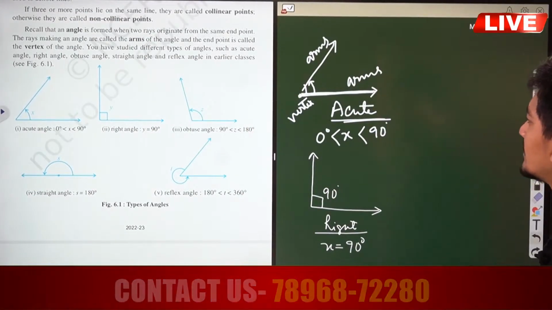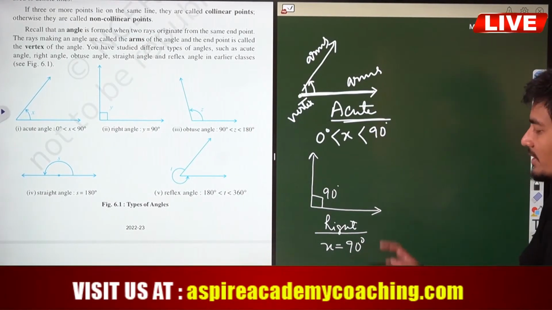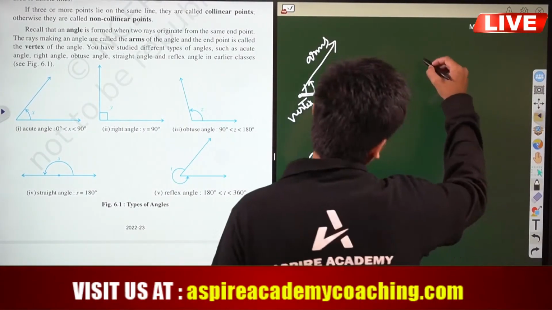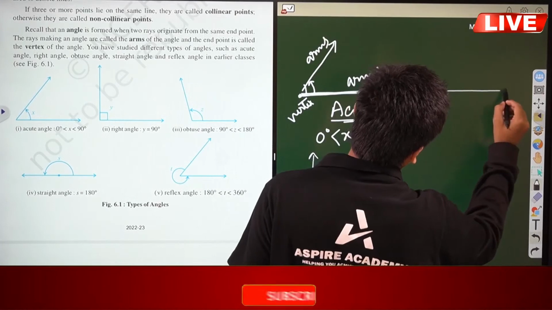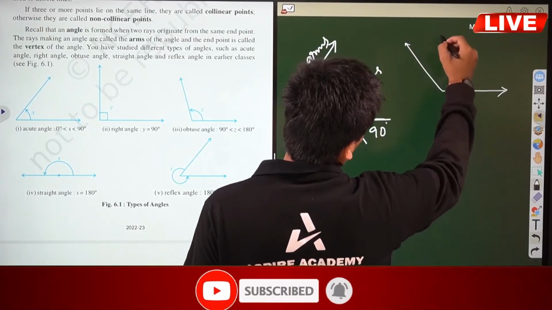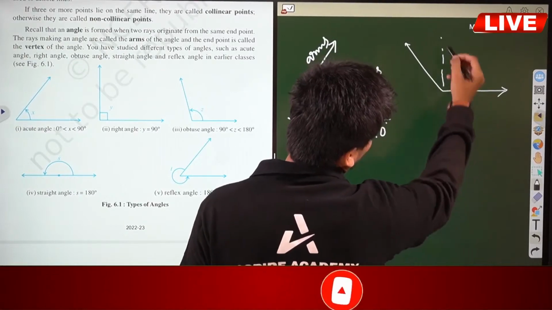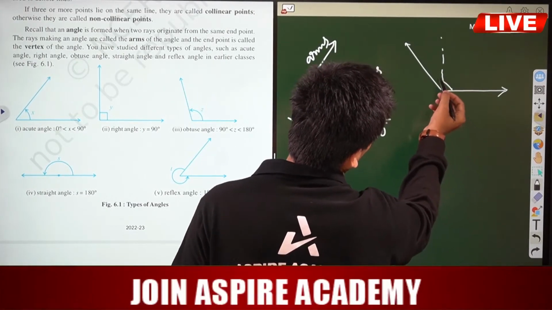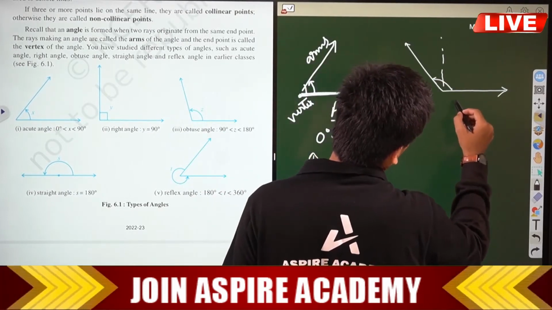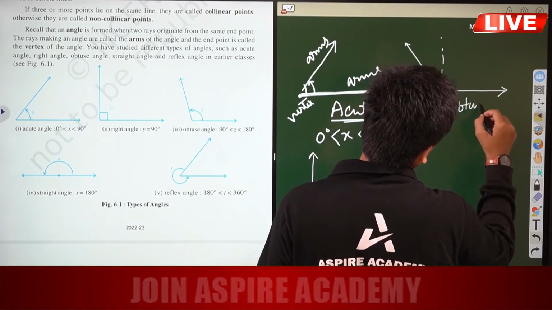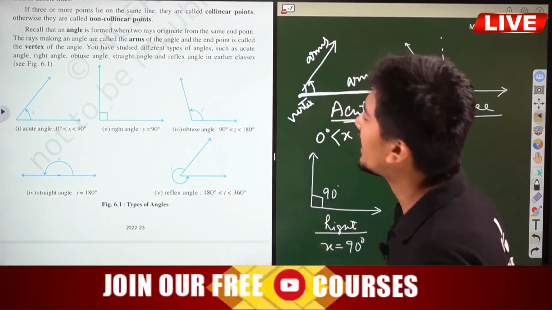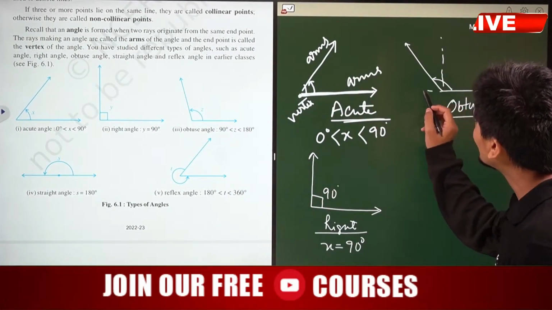Or else you can write it like this: x is equal to 90 degrees. For an obtuse angle, see, this is a ray and this is a ray, and this line is 90 degrees, and does it exceed 90 degrees or not? So therefore this angle is known as an obtuse angle, and an obtuse angle is always greater than 90 degrees but less than 180 degrees.